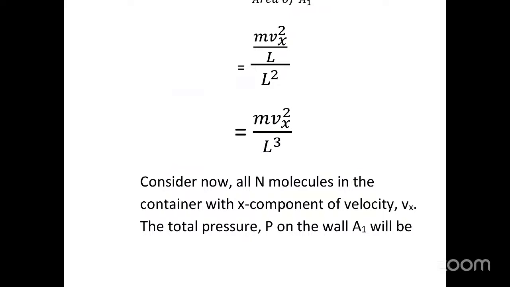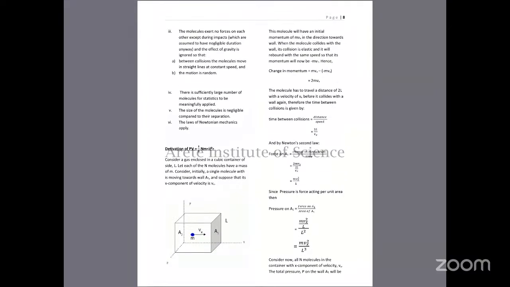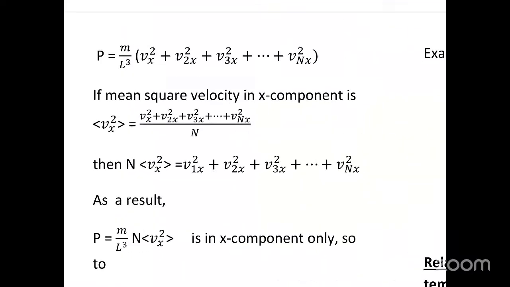Remember, every particle will have a component of velocity. So what shall happen? This here is the first particle, and there's the speed of the second particle. It's a summation of every single particle.